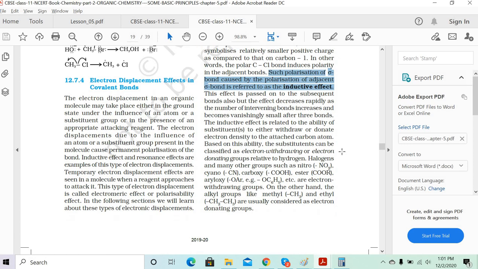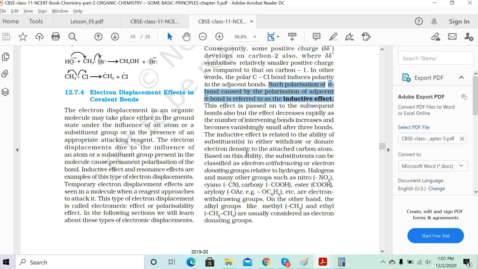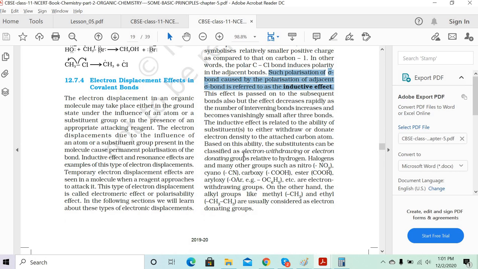Based on this ability, substituents can be classified as electron withdrawing or electron donating groups relative to hydrogen. The methyl group is an electron donating group, and there are some groups which are electron withdrawing groups also.